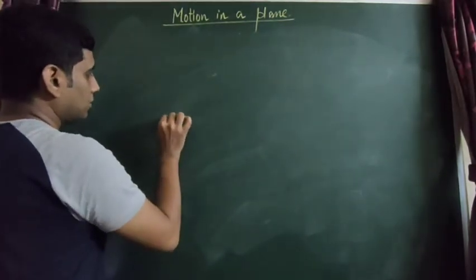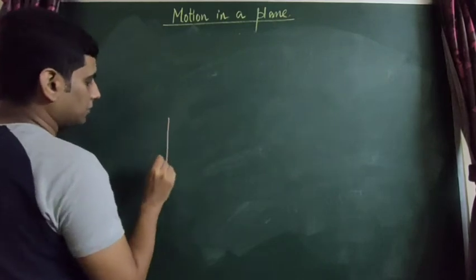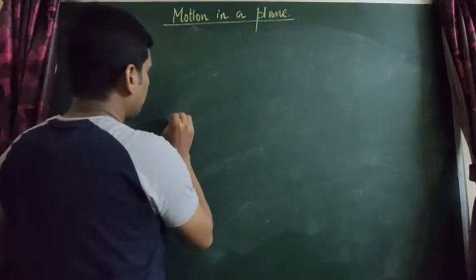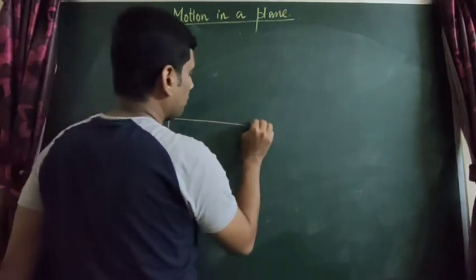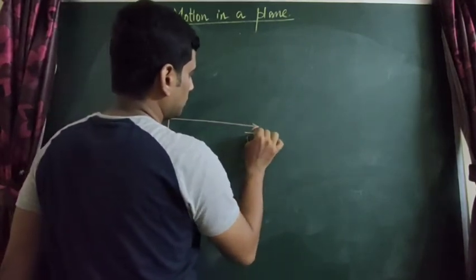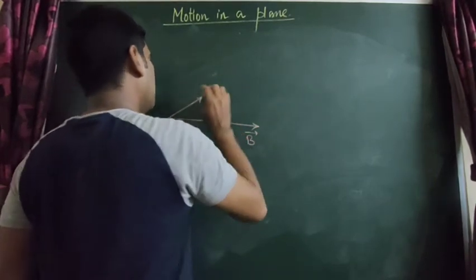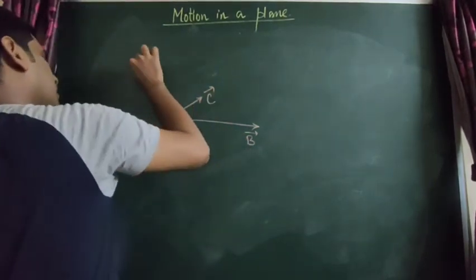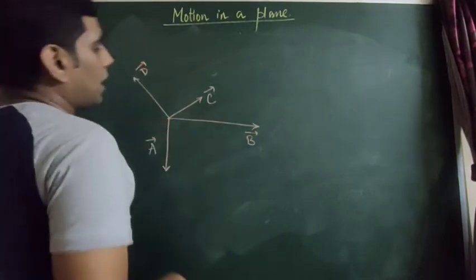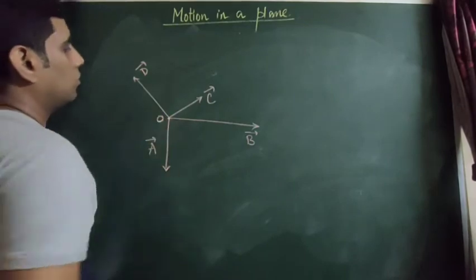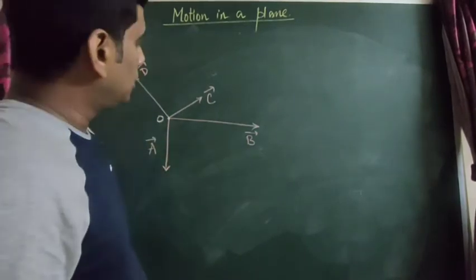Look here, suppose this is a vector A, another vector is here, suppose this is B, another vector is here, suppose this is C, and another vector is here which is D, and I have to add these four vectors.